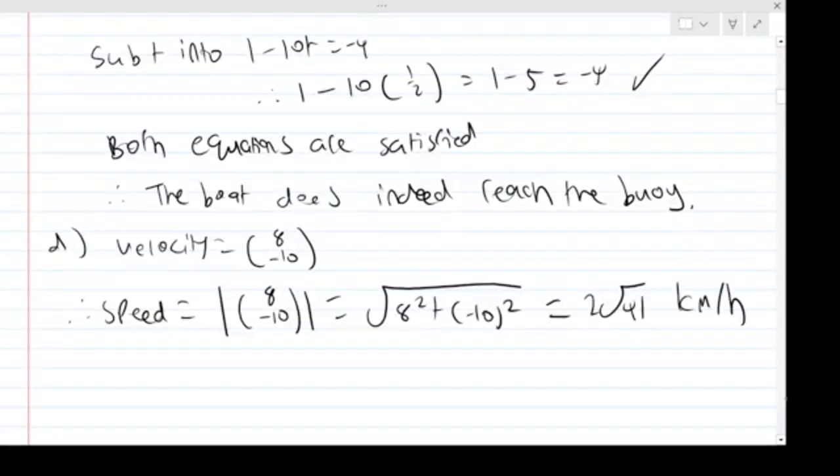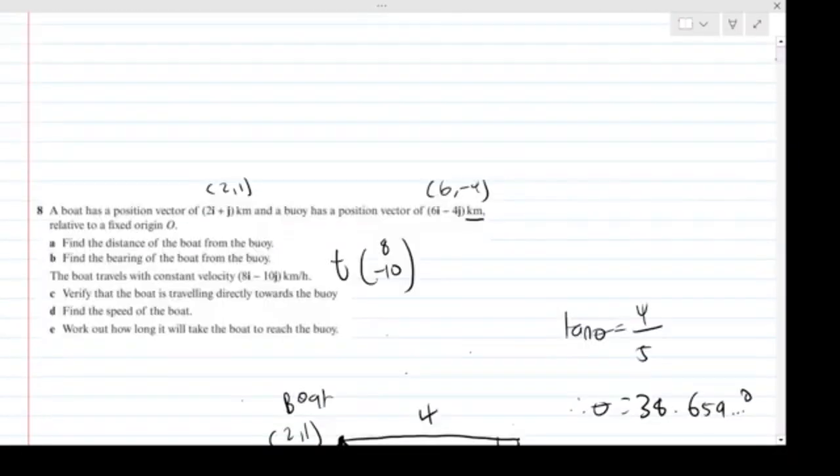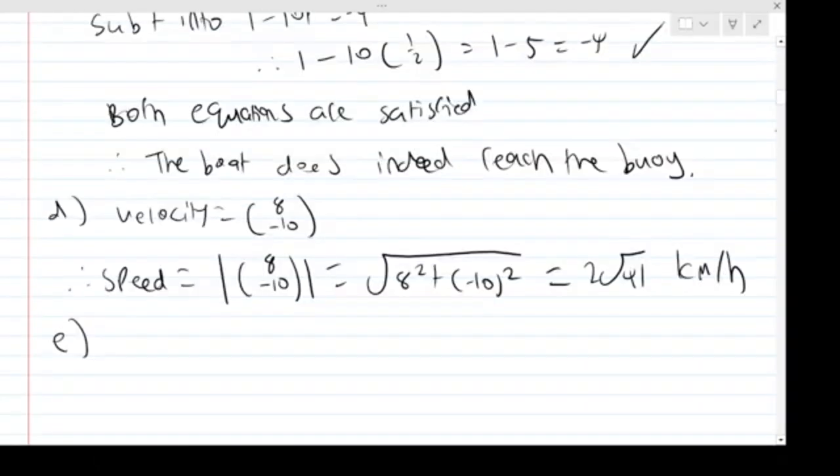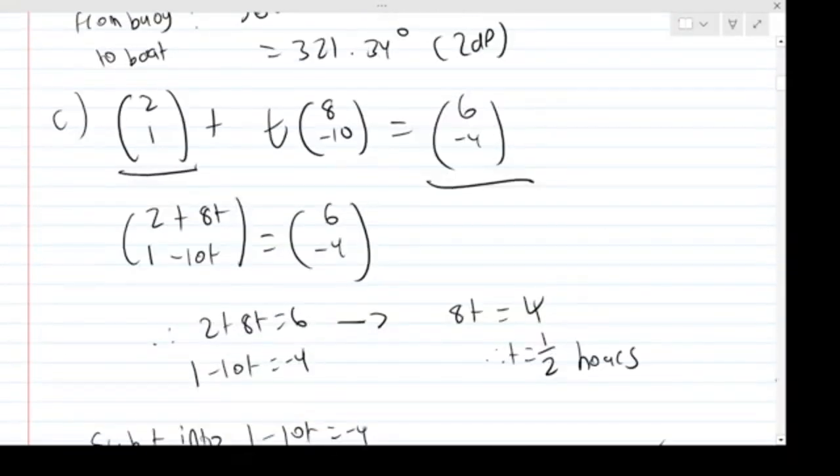And there we are. Okay, part E, lastly, it says work out how long it will take the boat to reach the buoy. Well, actually, that's what we did in part C. We found that time t was a half, because after half an hour, after a half lots of my velocity, I started at 2, 1, and after a half lots of 8, minus 10, I end at 6, minus 4.